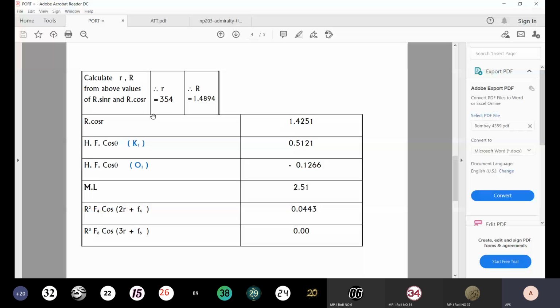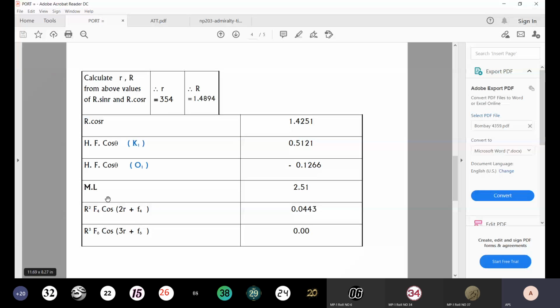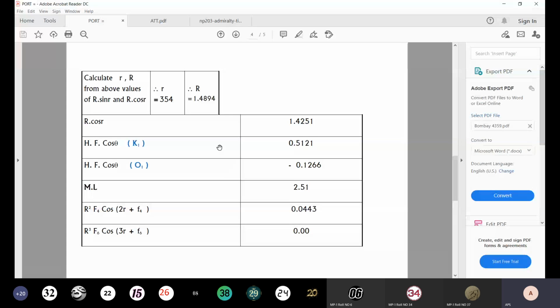So next session, we'll be doing this and completing that calculation. So that will be your first harmonic constant calculation. It's not much. Just see, we already come to the end. Just this much we have to calculate and we will get the answer 4.36. That we'll see next session. So don't worry, it is a simple, straightforward calculation.